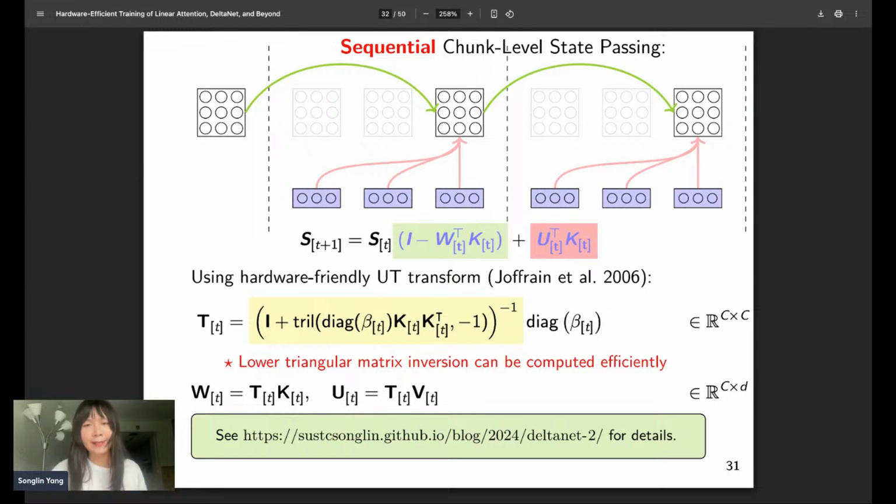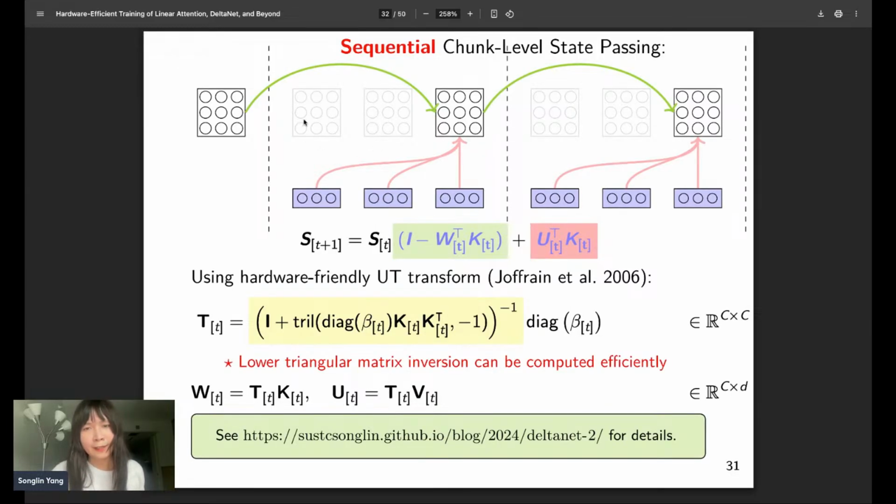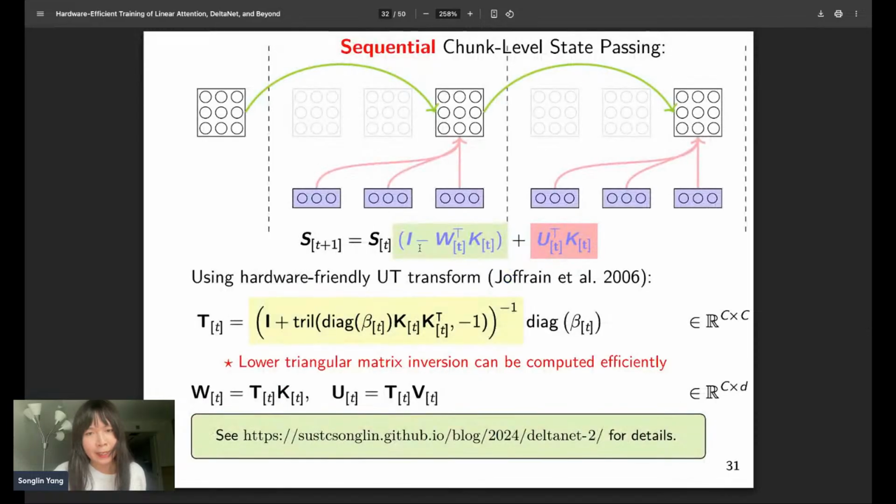However, in this case, we need to take into account the cumulative product of the transition matrix within this chunk, and this can be written in this form. We can also write it in matrix multiplication form, so we have this state update as a matrix multiplication.